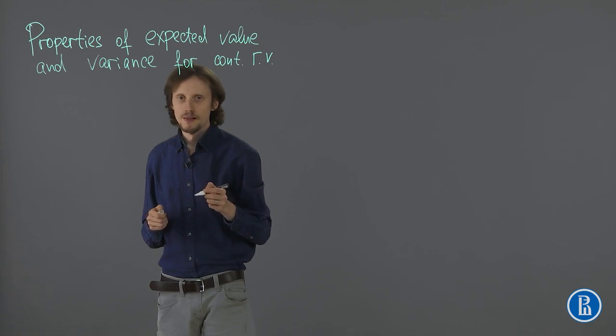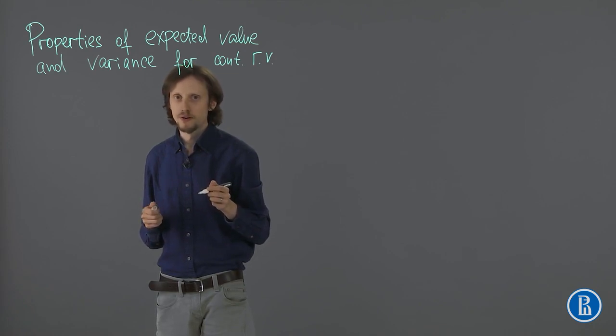First of all, let us define variance for continuous random variables. In fact, the formula that defines variance for continuous random variable is exactly the same as for discrete random variables.